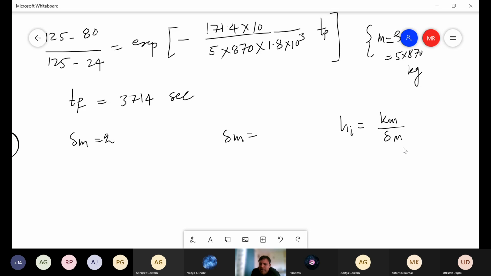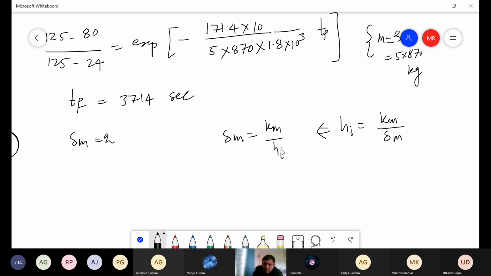So HI will be Km by delta M, and we wanted to calculate delta M. So from this, delta M will be given by Km by HI. Km value is already given as 0.25, divided by HI, which is 400.